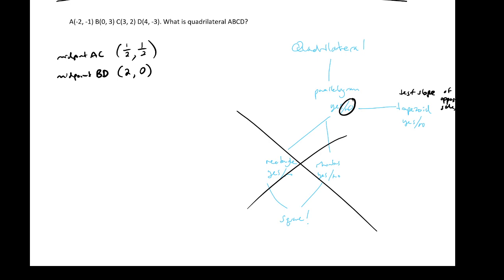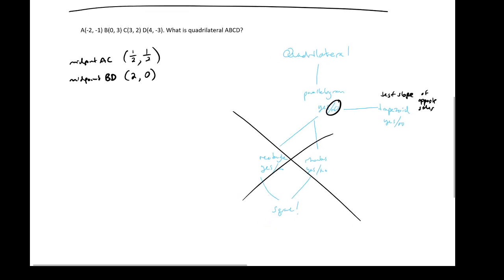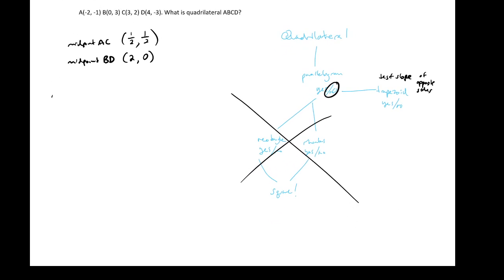Okay, so we need to calculate the slope for all 4 sides, because it is not determined that it would just be A, B, and C, D. It might be B, C, and A, D that are going to be parallel. So A, B, B, C, C, D, and A, D. The slope, right?